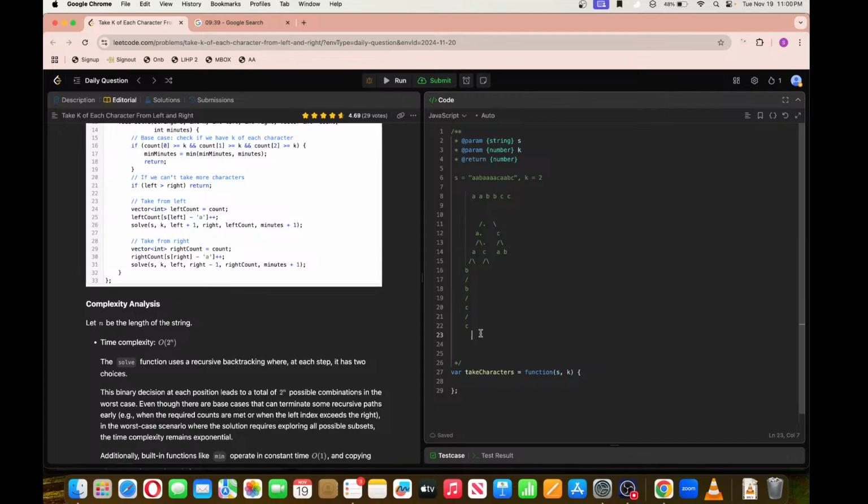So why 2 to the power n? Because the depth can go until n numbers. So suppose this is to the power 1, right? And if I branch out again, how many parts will there be? 1, 2, 3, 4, right? 2 to the power 4.